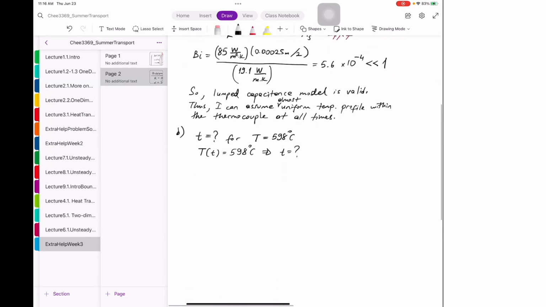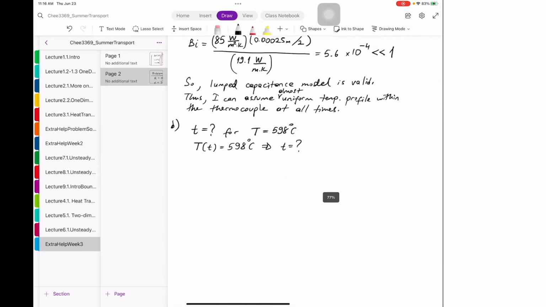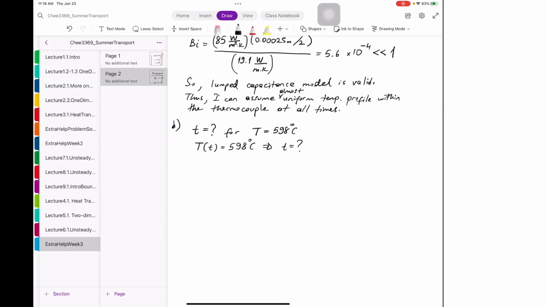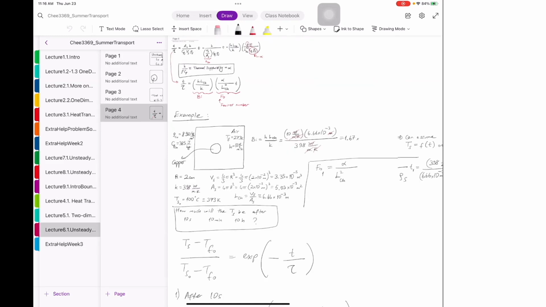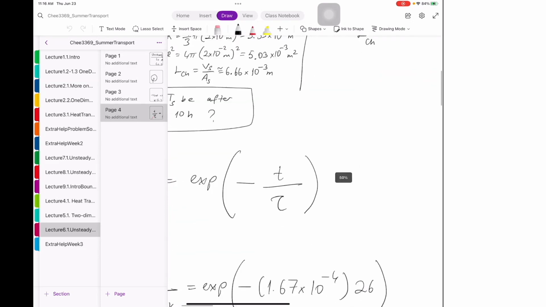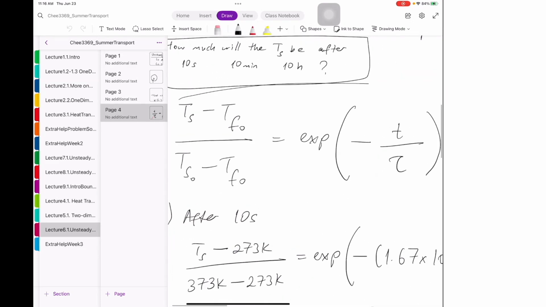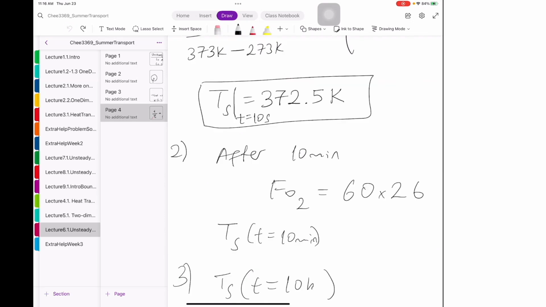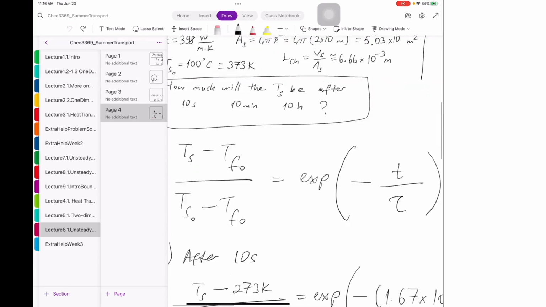Okay. So I'm going to use the following equation that we have done. Let me go back to our unsteady state heat transfer. I guess it was 6.1. Remember these class notes, right? And here, this formula we have, we're going to use that formula.